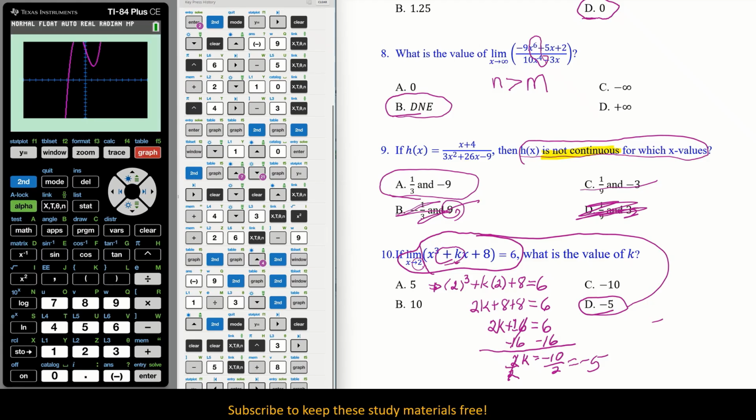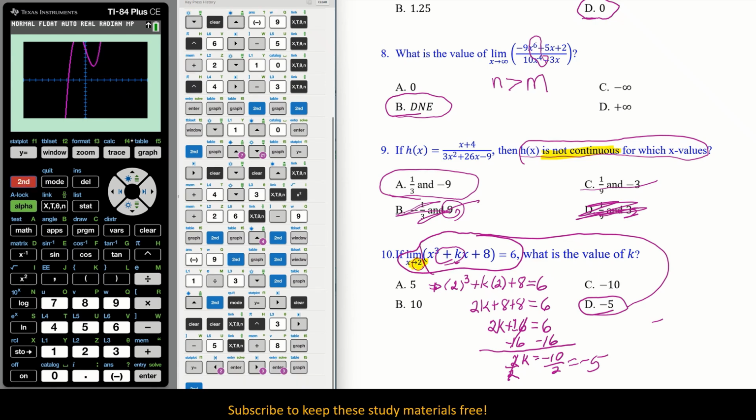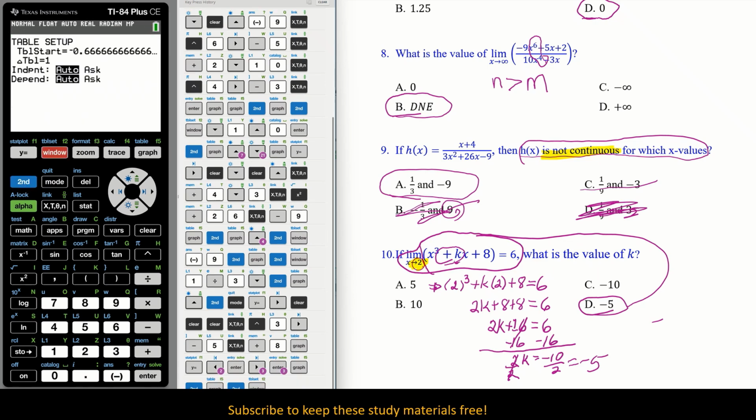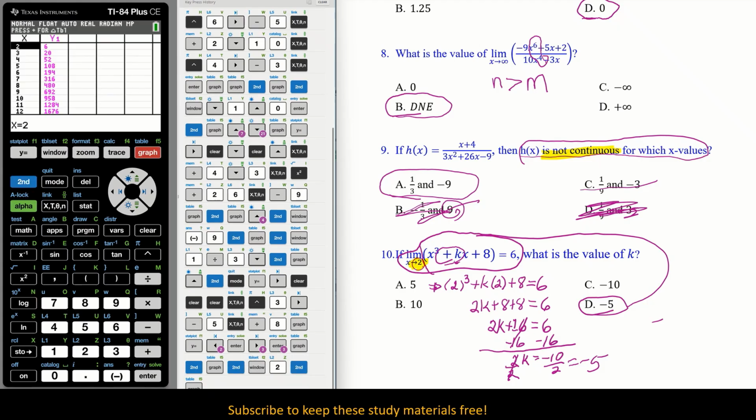So now as x approaches 2, go to 2 with -5. Let's go to our graph. Hmm. Let's push 2 and 1. Now we should be somewhere. And it does equal 6. When x is 2, it does equal 6.